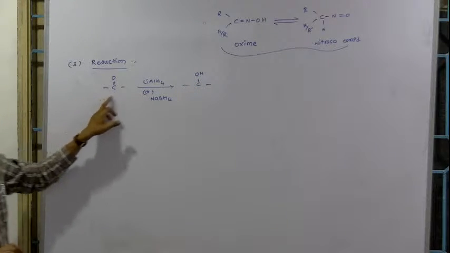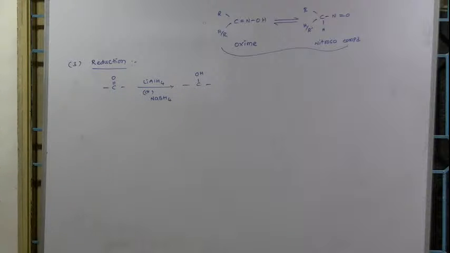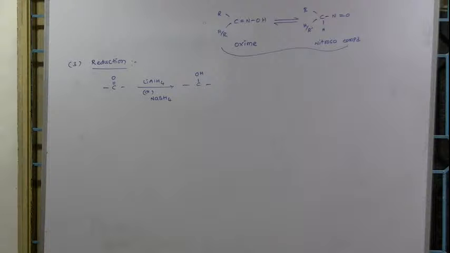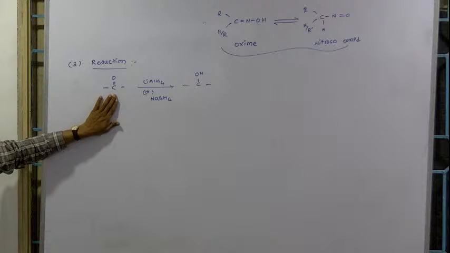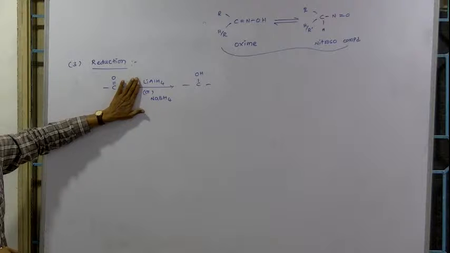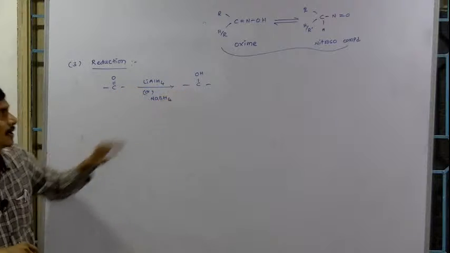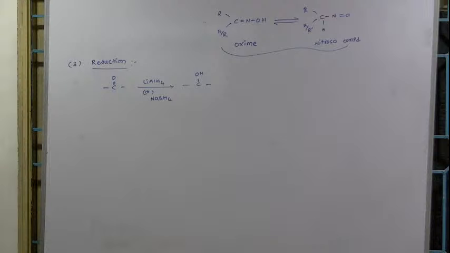If it is an aldehyde, a primary alcohol will be formed. If it is a ketone, it gives a secondary alcohol. So carbonyl compounds on reduction with lithium aluminium hydride or sodium borohydride give 1 degree or 2 degree alcohol.